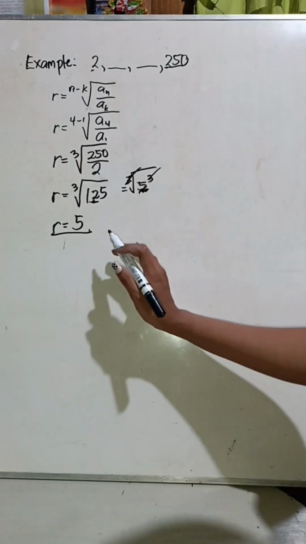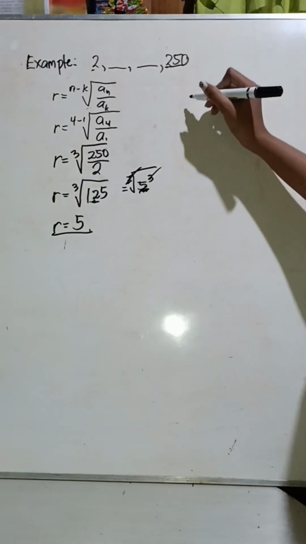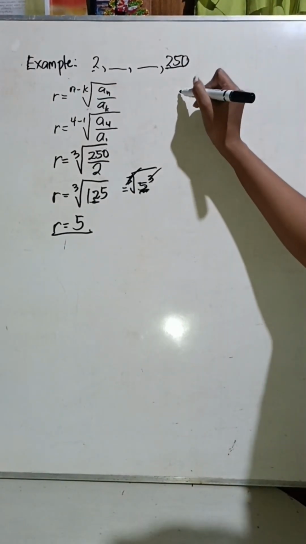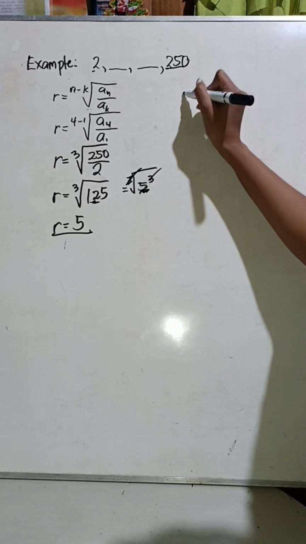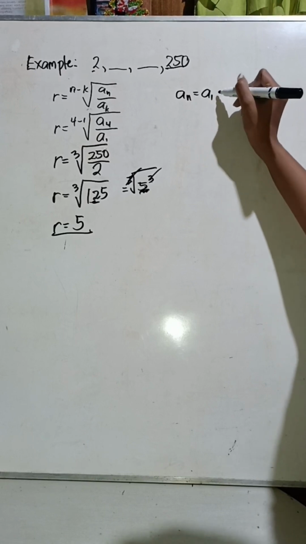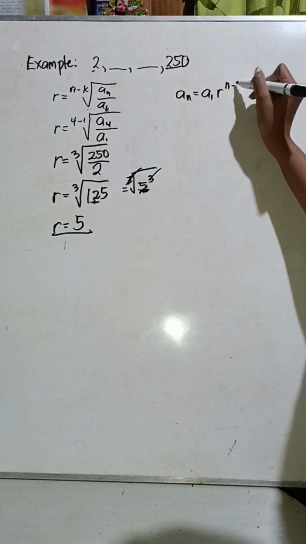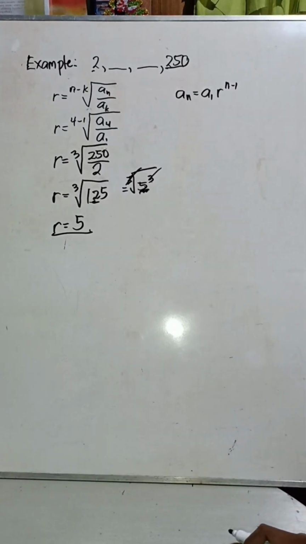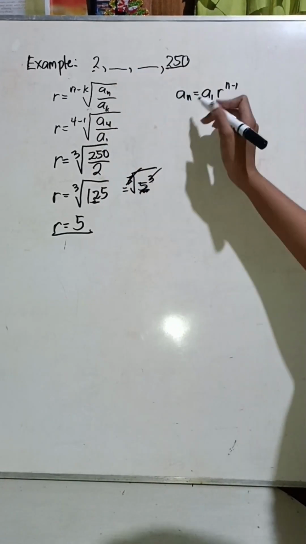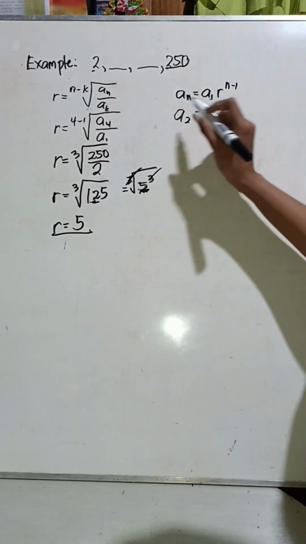Naa naman ni siya. So, apply na nato ang atong formula in finding the nth term. So, we have a sub n is equals to a sub 1 times r exponent of n minus 1. Atong gipangita nga term is ang second term. So, a sub 2. Atong a sub 1 is 2.